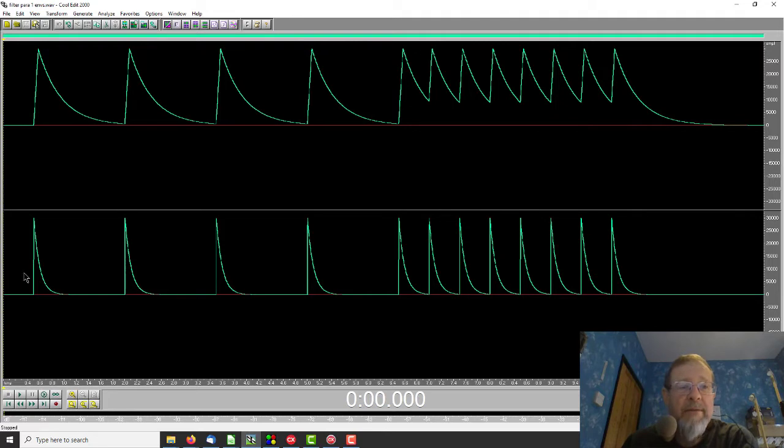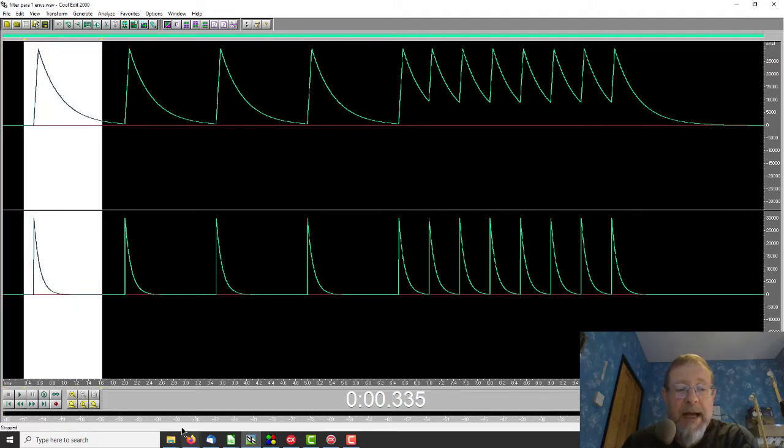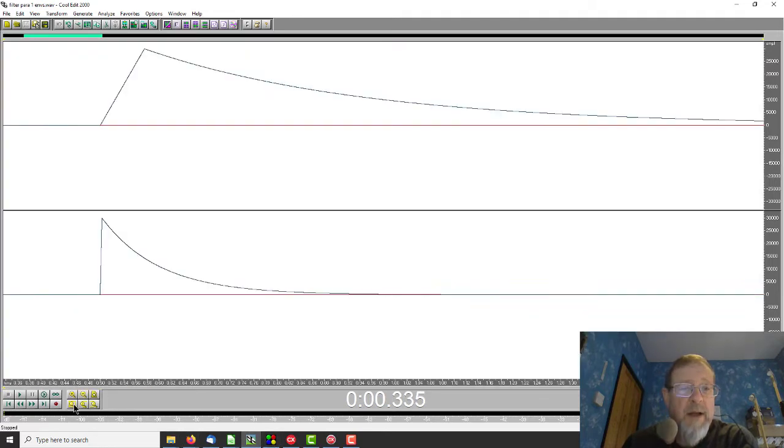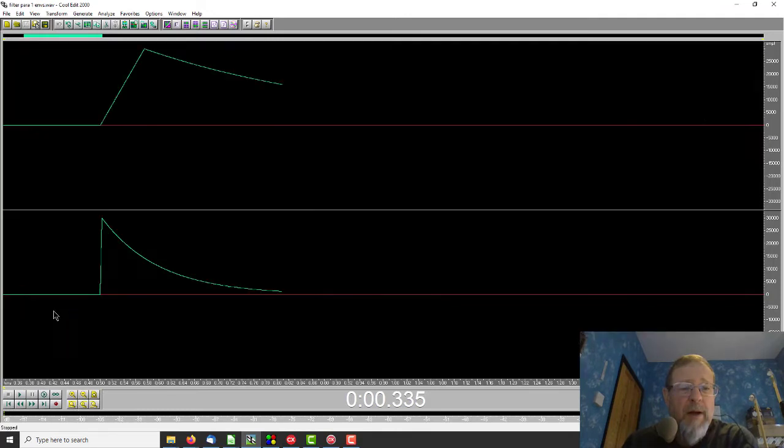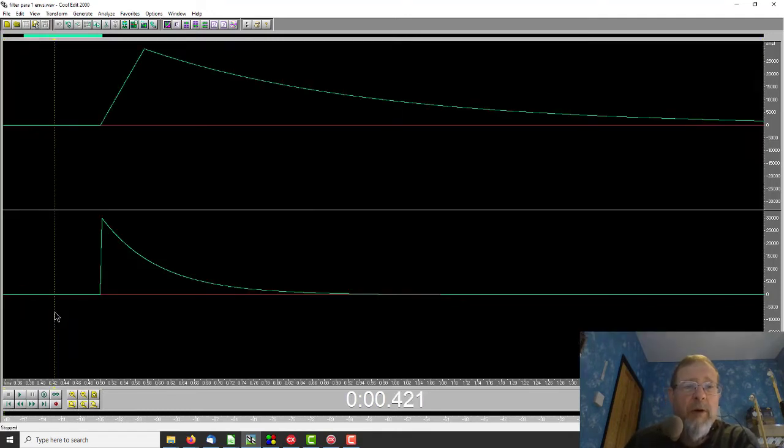So there are the envelope outputs, and we'll have a look at one note. So this is envelope 1, which is controlling the low pass filter, and you see that rises relatively slowly and decays slowly, and this is envelope 3, which is controlling the input to the bandpass filter, which rises very sharply and decays quite quickly.